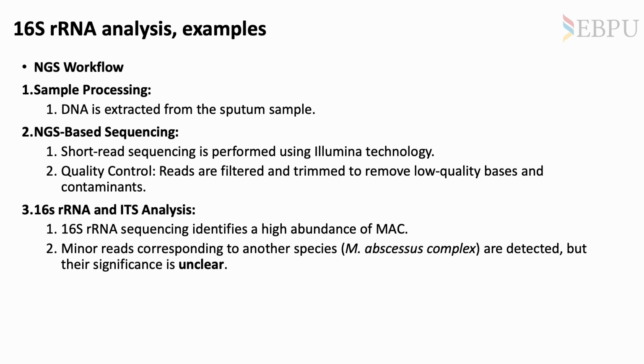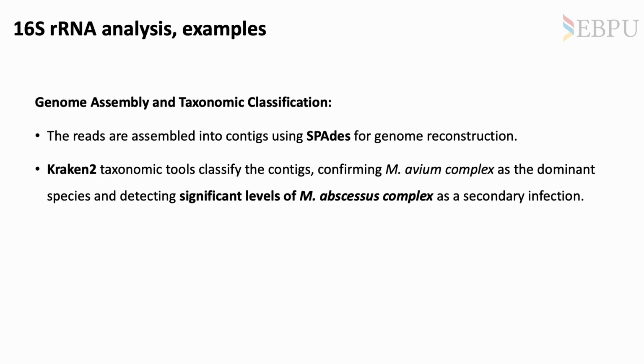The 16S rRNA sequencing identifies a high abundance of MAC. However, we have seen minor reads corresponding to another species, Mycobacterium abscessus complex, but their significance is still unclear. The next step is genome assembly and taxonomic classification.